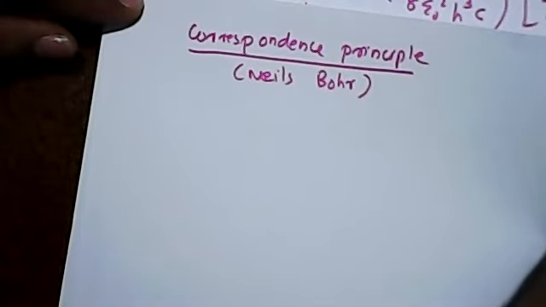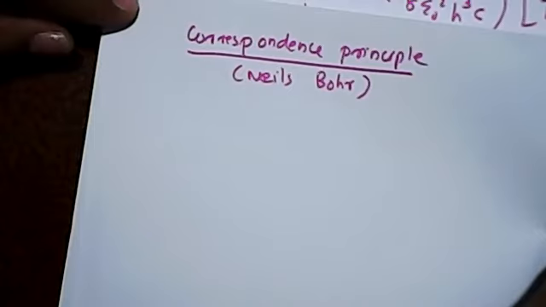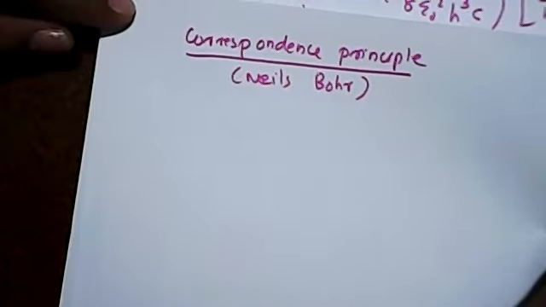The principle is very simple. The question is whether classical mechanics is correct or quantum mechanics is correct. We know that quantum mechanics is correct. Then what is wrong with classical mechanics? The answer is given by the correspondence principle.